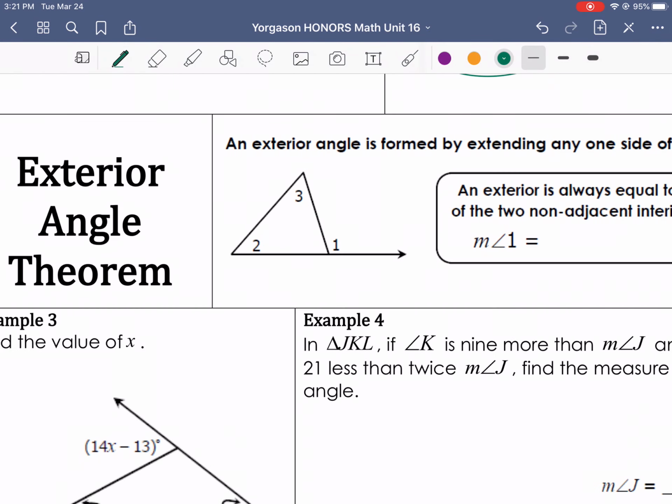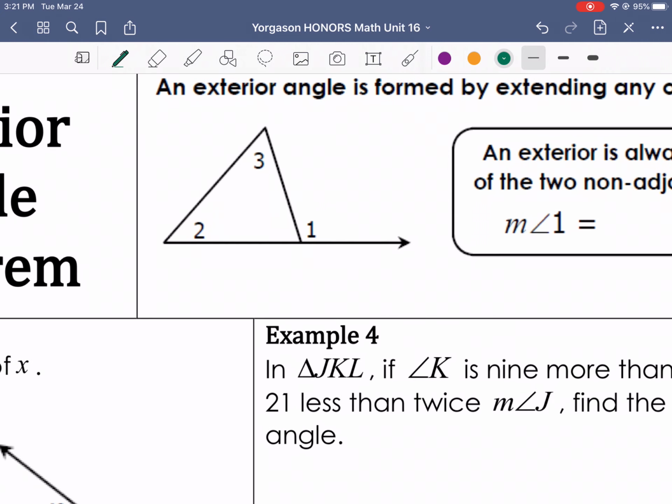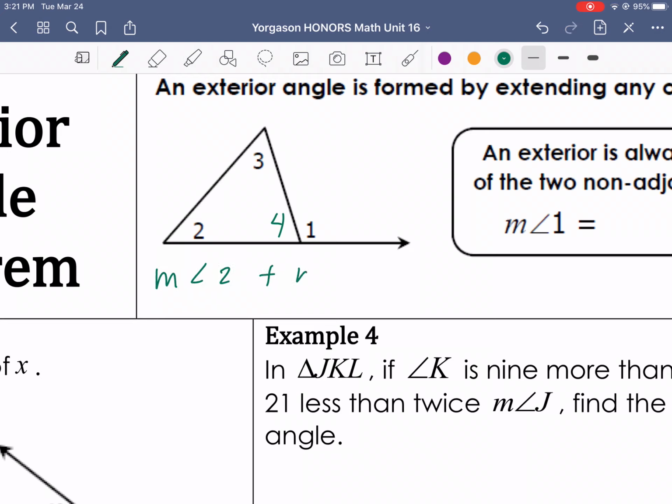Next we have this exterior angle theorem. Okay, so what I want us to think about on this one is suppose that I called this angle 4. Then I know that if I add it up to the measure of, maybe that math language is important here, the measure of angle 2 plus the measure of angle 3 plus the measure of angle 4, that would all equal 180 degrees, right?